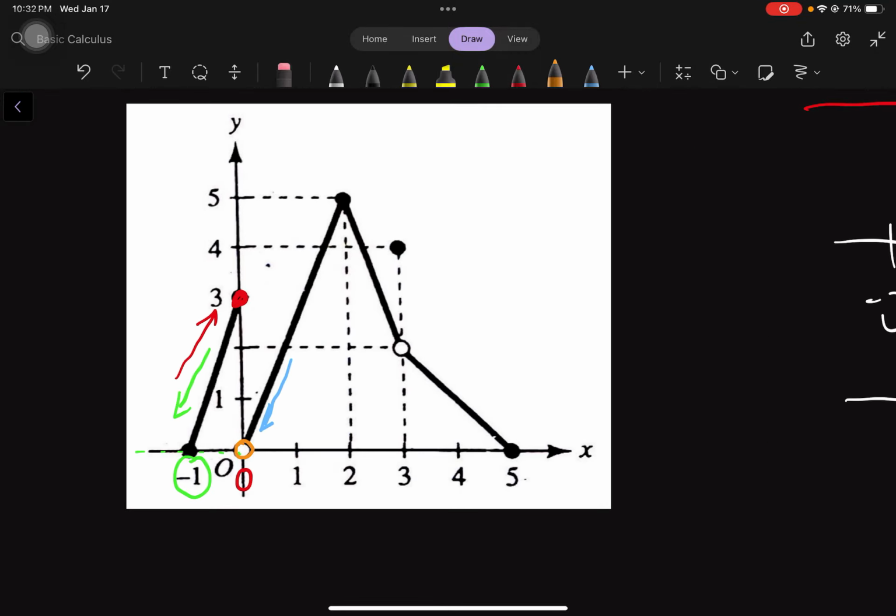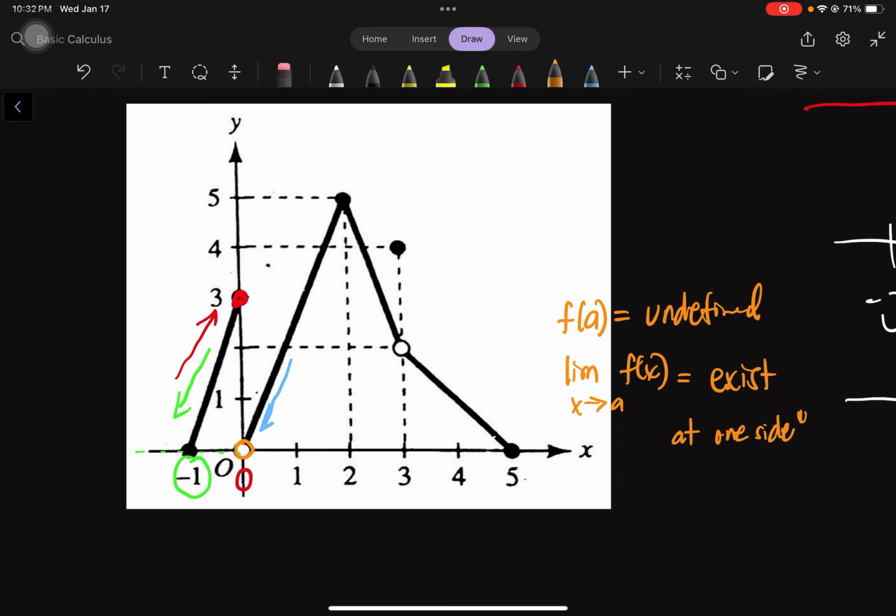So, sa f of x o f of a, undefined siya. Pero once na limit na ang hinahanap, rather, as x approaches a, nag-e-exist na yan. Please take note, at one side based on our example.